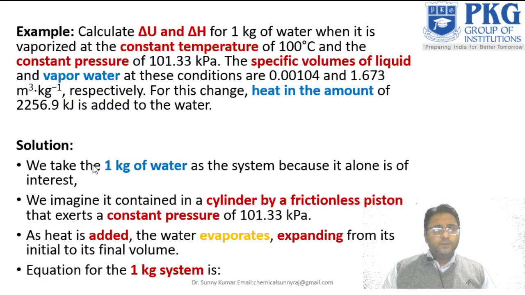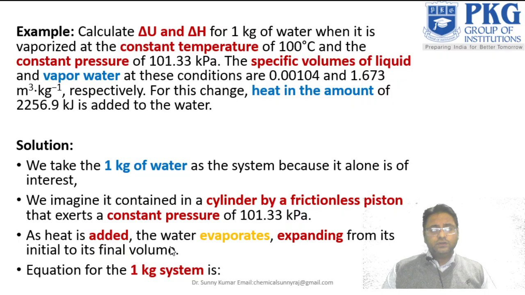So the solution is we have to take 1 kilogram of water as a system because it alone is of interest. So we imagine it is contained in a cylinder with a frictionless piston that exerts a constant pressure of 101.33, as it is given, and as heat is added the water evaporates, expanding from its initial to final volume.